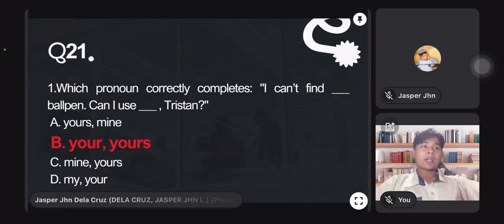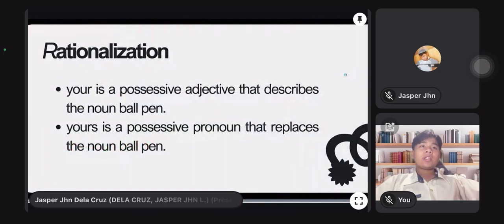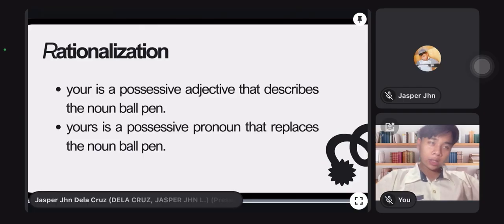So let us rationalize. Why is it your and yours? Your, as we all know, is a possessive adjective that describes the noun ballpen. On the other hand, yours is a possessive pronoun that replaces the noun ballpen.